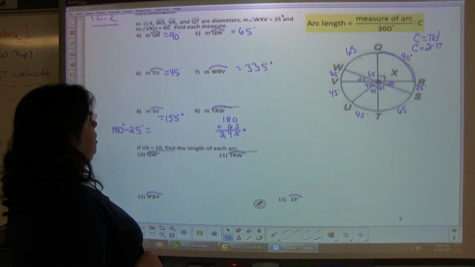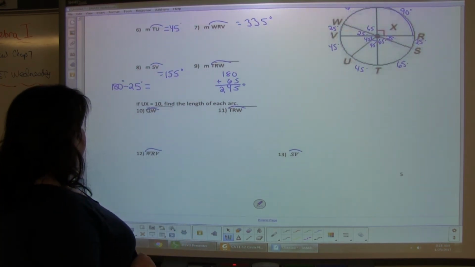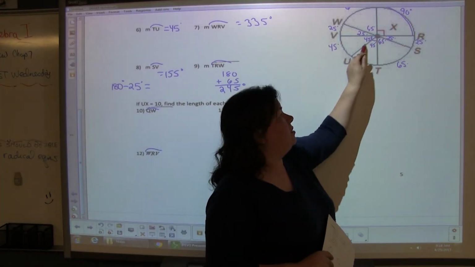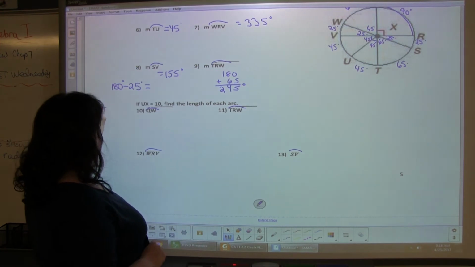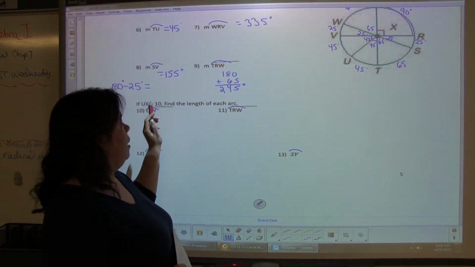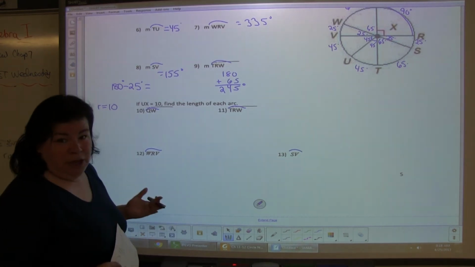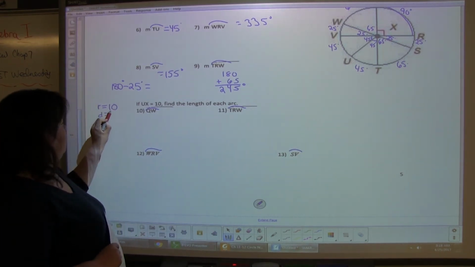So what we're going to do, we're going to be using a lot of these answers down here as part of our work. So for example, it's telling us that UX, so that's the radius. So if our radius is 10, find the length of each arc. So that's the arc length. So if our radius is 10, that means our diameter is 20.